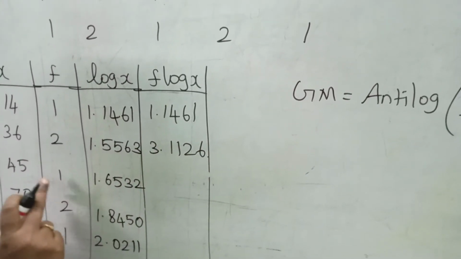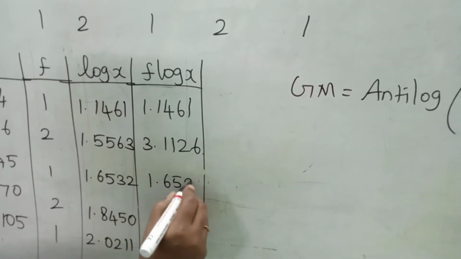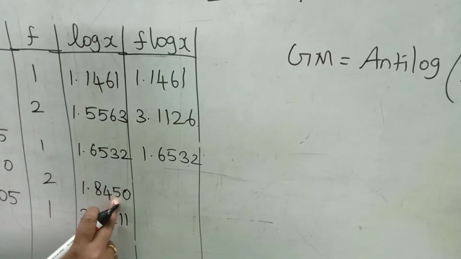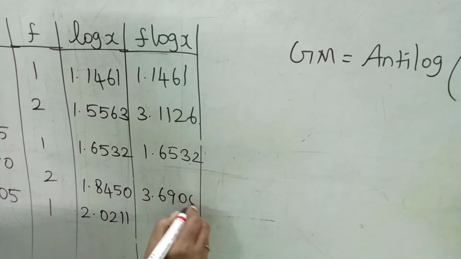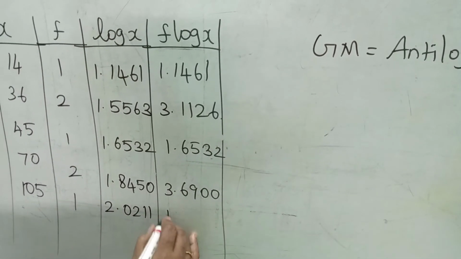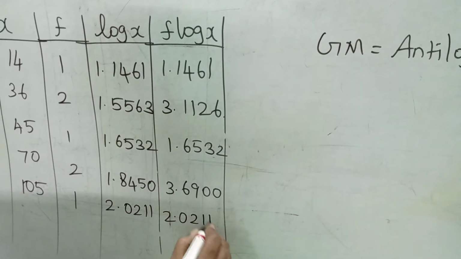The third one, 1 into 1.6532 is 1.6532. The next one, 2 into 1.8450 is 3.6900. The last one, 1 into 2.0211 is 2.0211.